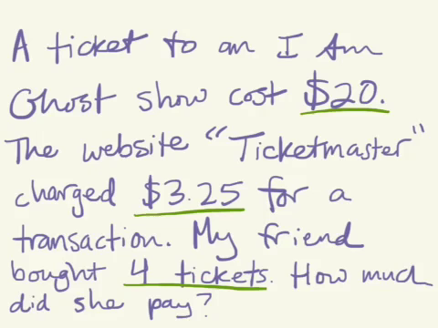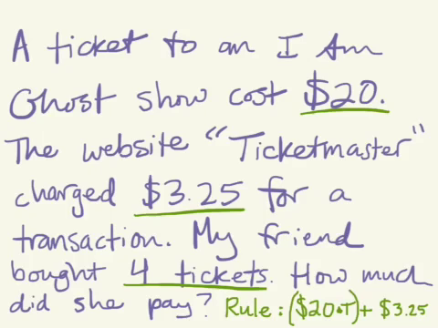Our rule to figure out how much tickets are going to cost, if we use the letter T for ticket, would be $20 times however many tickets we get, plus that extra charge of $3.25. And just because I like the way it looks, let's put that in parentheses just to show that the $20 times the ticket, even though it would be right with PEMDAS, that goes together.